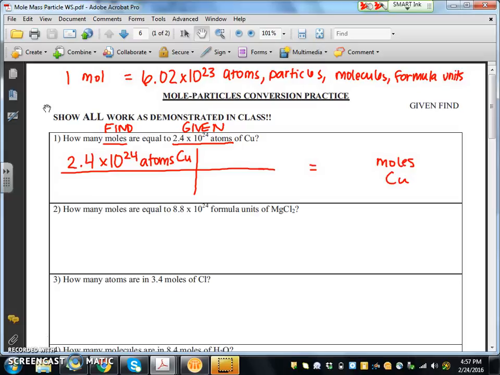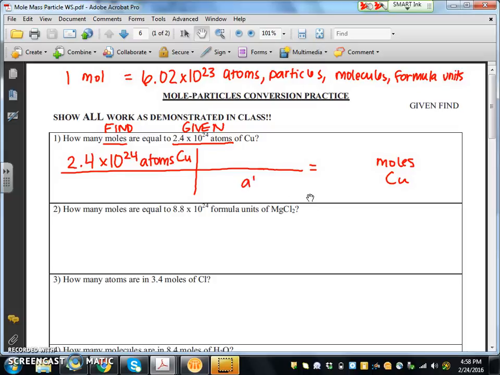So we're not changing what compound we're working with, we're just changing the unit that we measured it with. If I have atoms at the front of my T-chart, that tells me I'm also going to need atoms in the bottom of my T-chart.